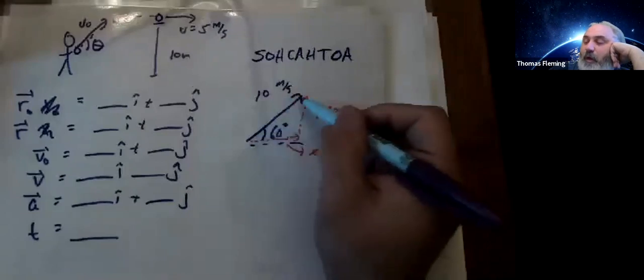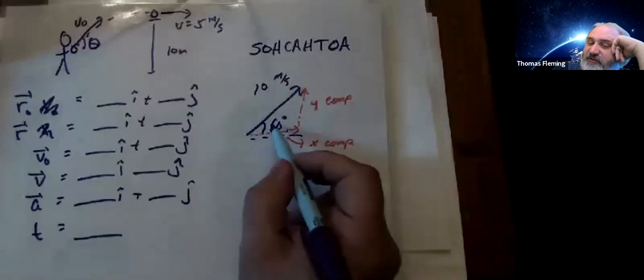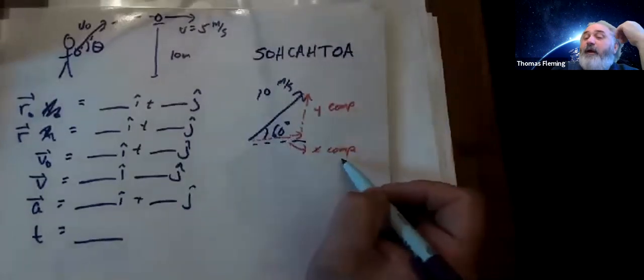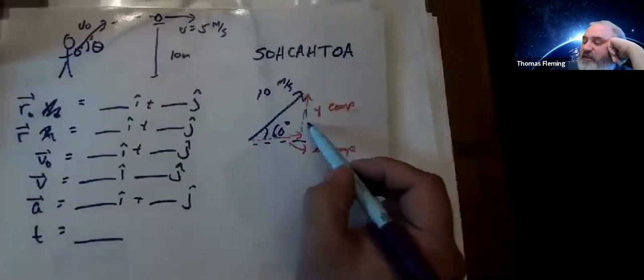That would be the longest, or the hypotenuse, so I know all the h's here. And what I'm looking for are either the x or the y component. And if this is the angle that I'm referencing, this part right here is adjacent to that 60 degrees. So the x component in this case would be my adjacent component. And the y component doesn't touch that 60-degree angle. It would be my opposite component.